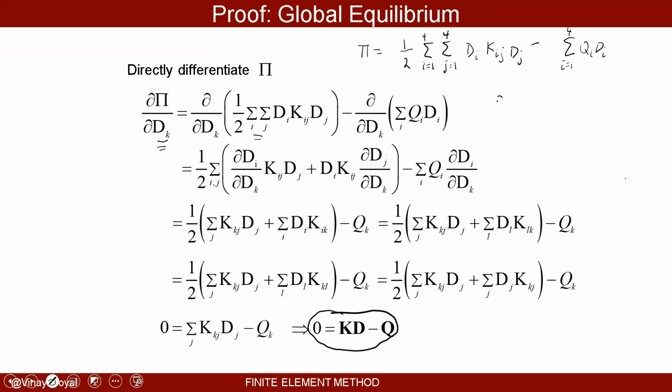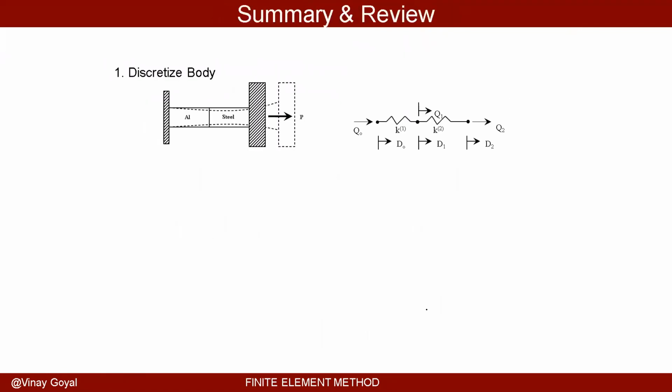And I encourage you to take the derivative of pi with respect to D1, the derivative of pi with respect to D2, and so forth. When you do that, I guarantee you're going to get an equation, something that looks like this. It's better to do it with numbers so you can see how it works out. But here is the derivation with variables.